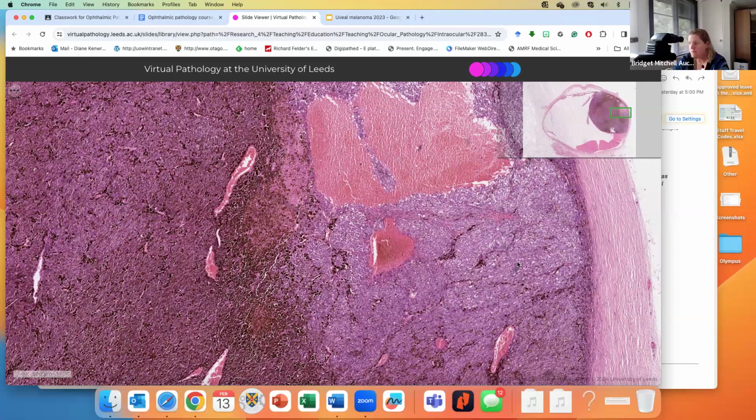COMS is the Collaborative Ocular Melanoma Study. Is it a clinical or pathological framework? It's clinical. They're separate frameworks. They should correlate with each other, but you can't use one for the other.